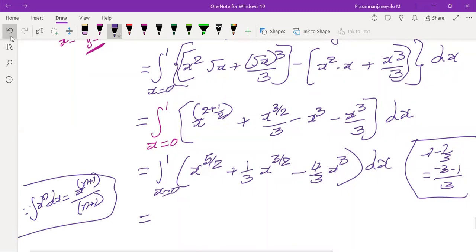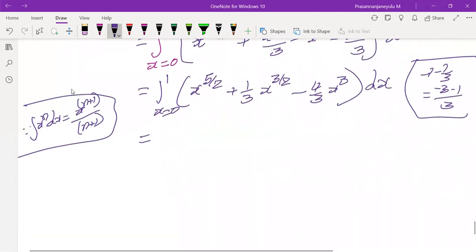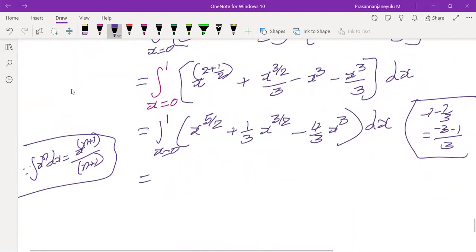So in place of n in the first term, what do we have? 5 by 2. So what is the x power n formula? x power n plus 1 by n plus 1. So we'll get x power 5 by 2 plus 1 by 5 by 2 plus 1. The 5 by 2 plus 1 value is 7 by 2.